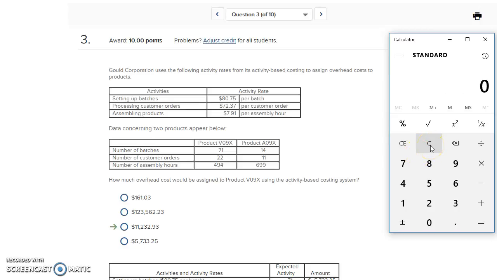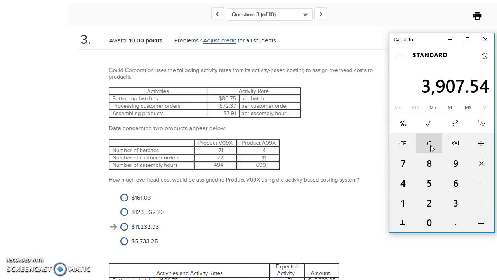And then customer orders, it costs $72.37 per customer order, and for the VO9X we're going to have 22 of those. So that cost is going to be $15.92.14. And we're going to have assembly hours that cost us $7.91 times $4.94.